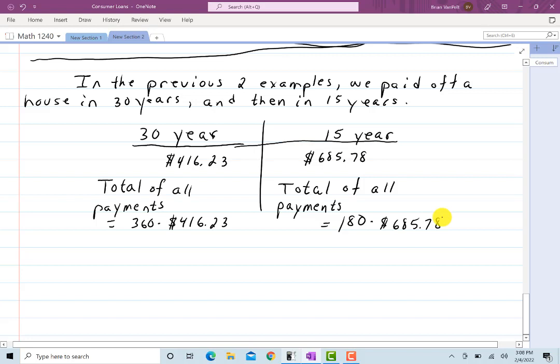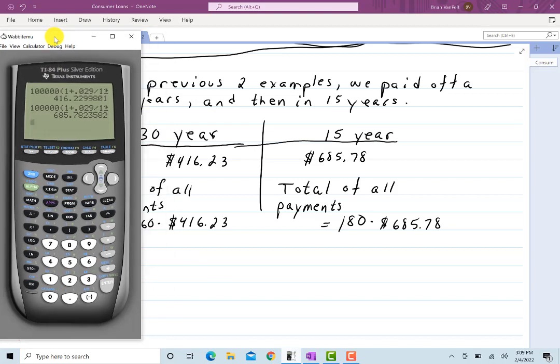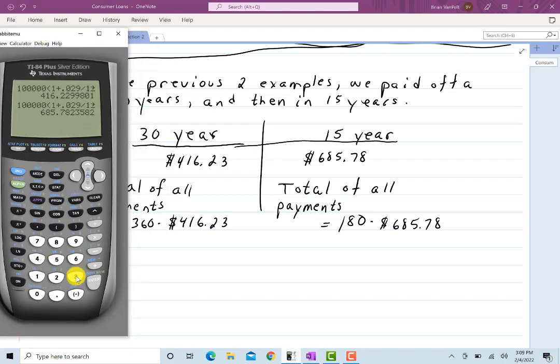Let me get the totals on these. So I'll bring up my calculator and we'll start with the first one. There we had 360 times 416.23.